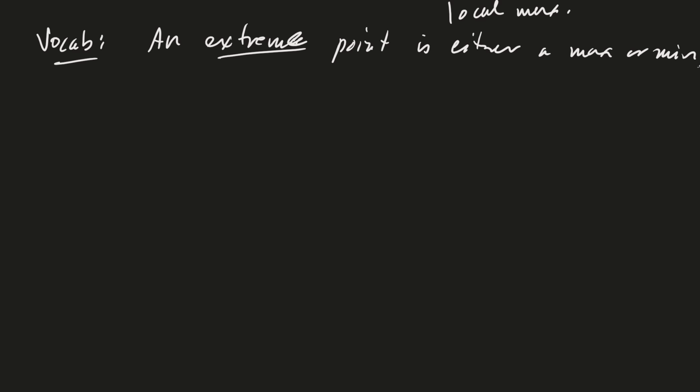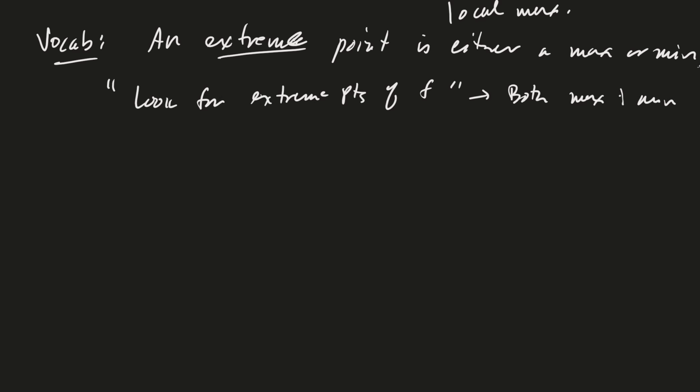So what I'm saying is that if we say look for extreme points of f, we're looking for both the max and the min. Okay, so we're kind of putting them together.